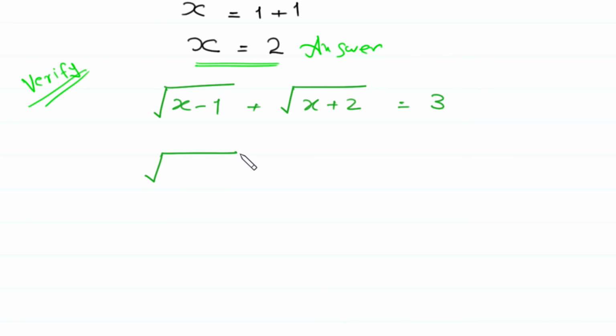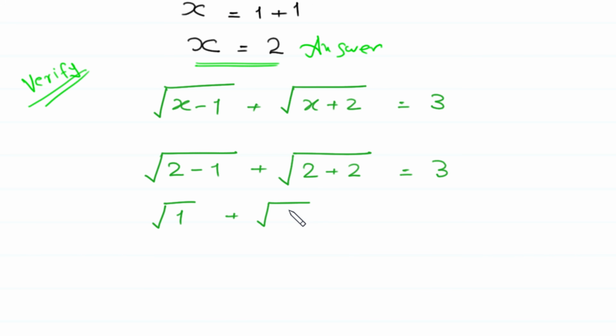Square root of the value of x is 2 minus 1 plus square root of the value of x is 2 plus 2 is equal to 3. Next, square root of 2 minus 1, 1 plus square root of 2 plus 2, 4 is equal to 3.